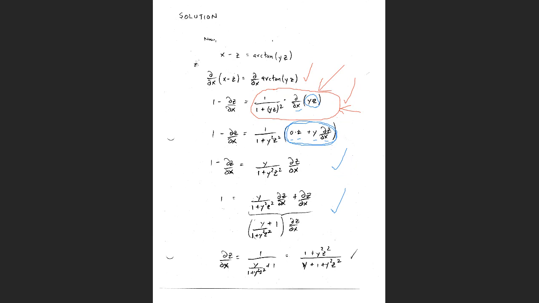And of course, we want to isolate the partial of z with respect to x, that partial derivative. So we can factor that partial derivative out on the right-hand side here. That's going to give us this, and then we'll divide both sides by this expression.